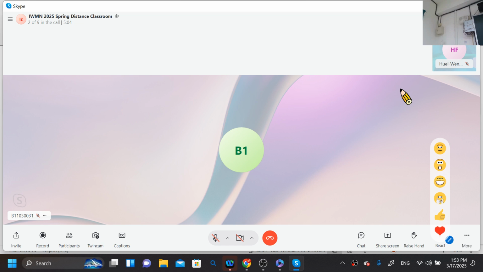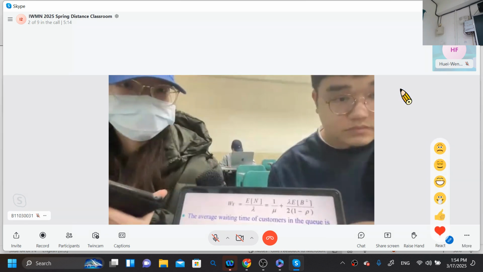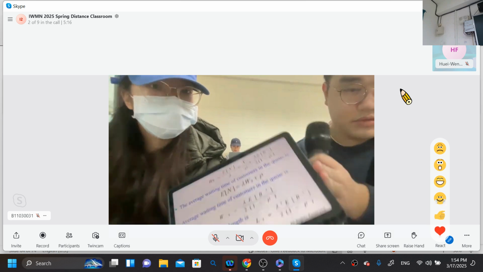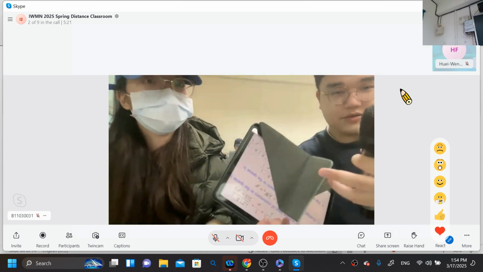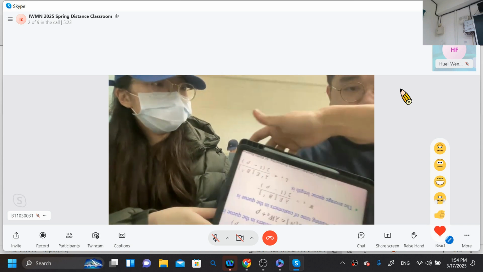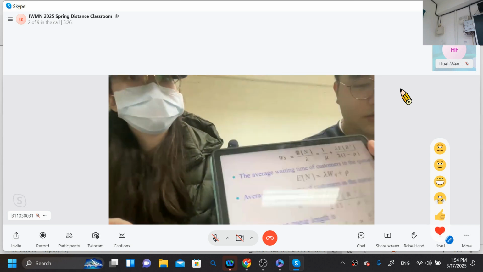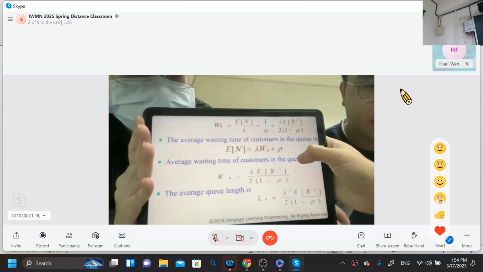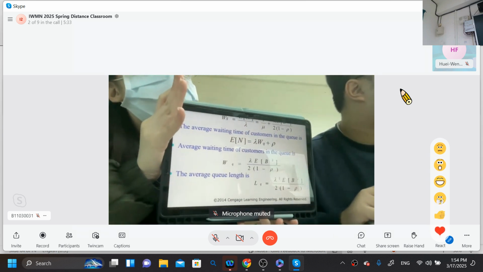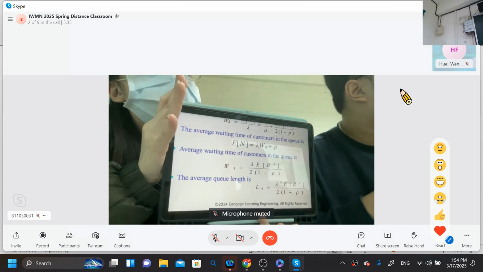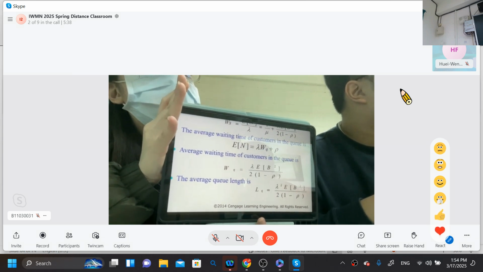Can you show that one? Yeah, sure, you can show that one. So which model do you apply? MG1, right? And which equation? System time or queuing delay? This one, right?